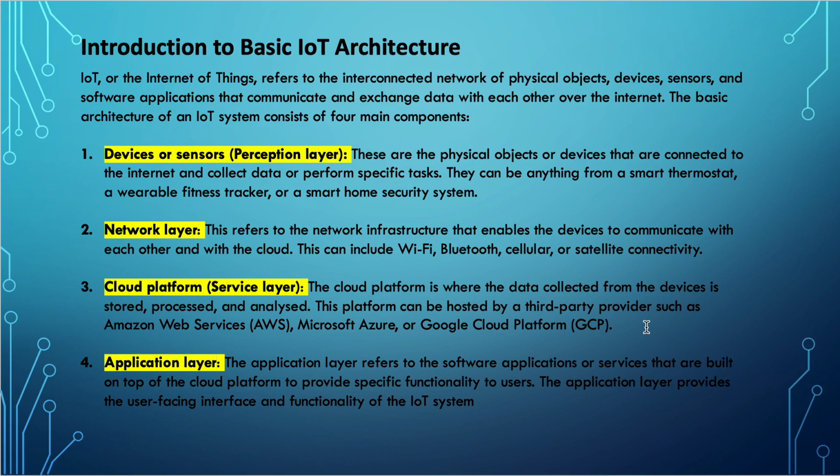But when we are talking about service layer, the processing, the storage and those things not only happens in the cloud itself. There could be personal data centers, or data centers that belong to, let's take a military base.